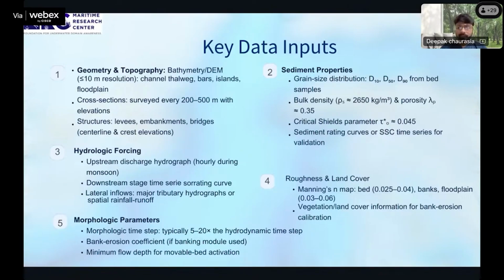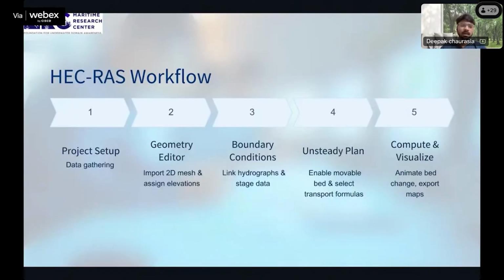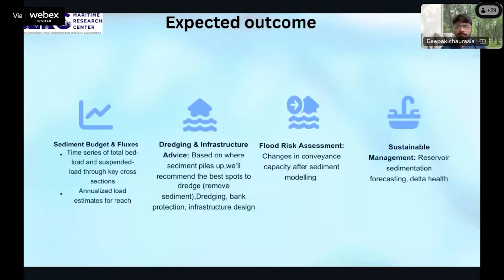And third, roughness and land cover: Manning's n maps, bank, floodplain, vegetation and cover. And for the HEC-RAS model, here is my workflow: first gathering the data and importing it, then creating the 2D mesh, then linking all the hydrograph data to our model, and then predicting the amount of sediment that we are going to map.